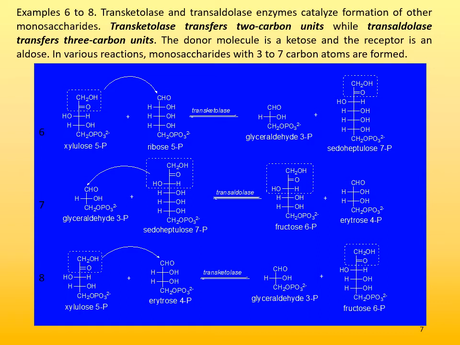Products are fructose 6-phosphate and erythrose 4-phosphate. And finally, in the last example, example 8, xylulose 5-phosphate, a ketose, transfers 2 carbon units, so the reaction is catalyzed by transketolase to erythrose 4-phosphate. Products are glyceraldehyde 3-phosphate and fructose 6-phosphate.